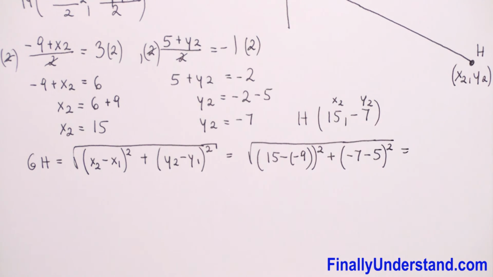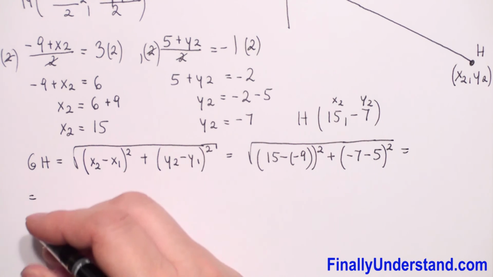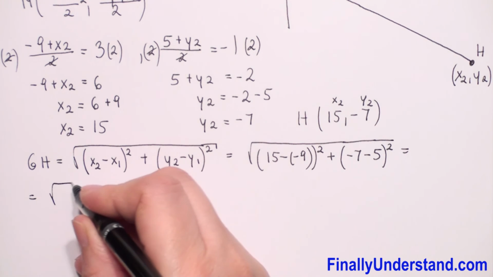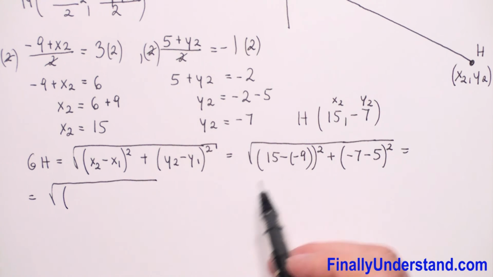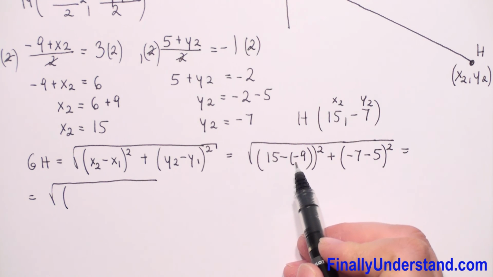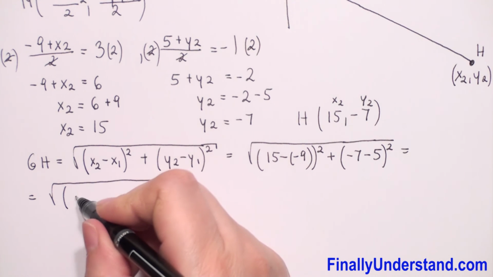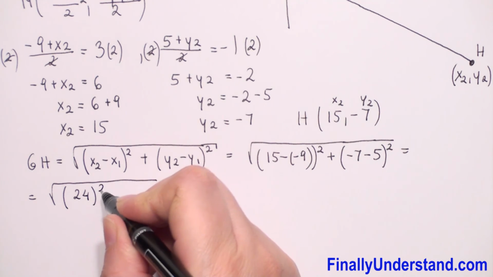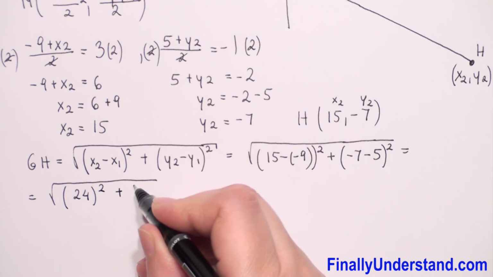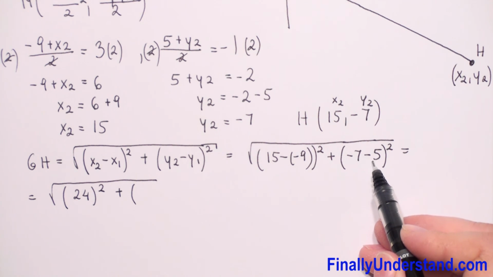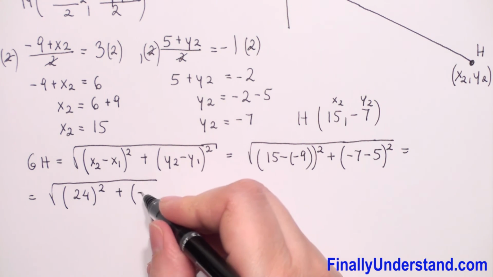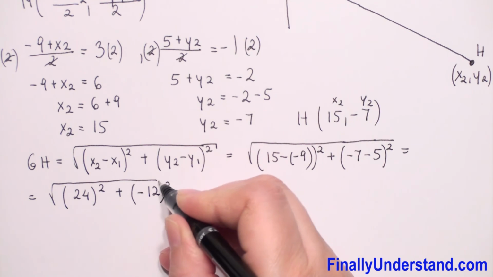So this is equal to the square root; we copy, and in the first parenthesis we have negative and negative gives us positive. 15 plus 9 is 24 to the second power, plus, and in the second parenthesis we have negative 7 minus 5, which is negative 12, to the second power.